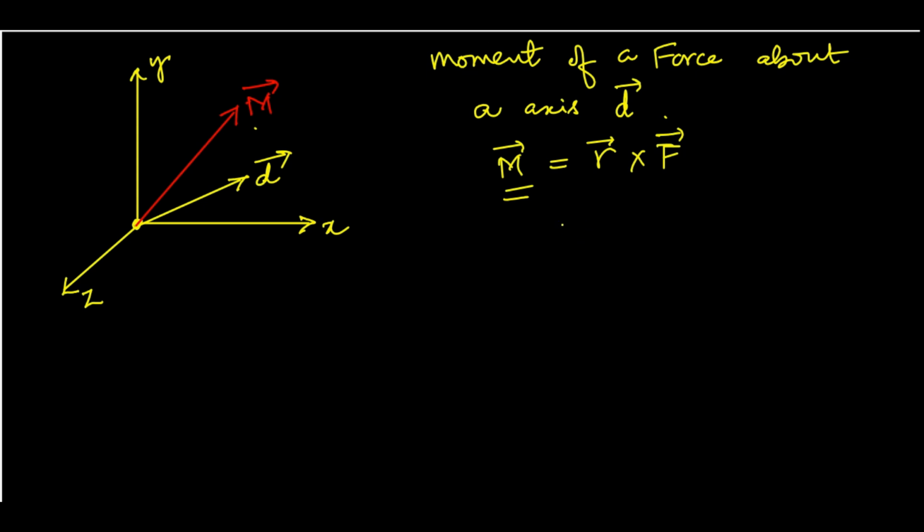Simply, the moment M about D is R cross F dot product with D cap. Take a unit vector along D and do a dot product.